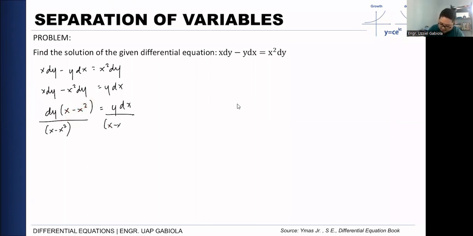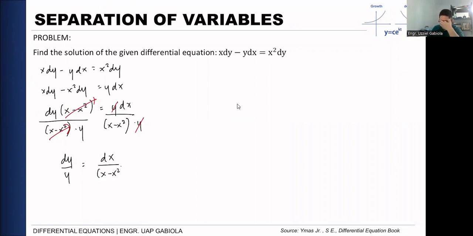And this will cancel out. Cancel out. So, wala na siya doon. Then, doon sa right side, ayaw natin ng y. So, ka-cancel out din natin yung y. Okay? Now, we are left with dy over y is equals to dx over x minus x squared.